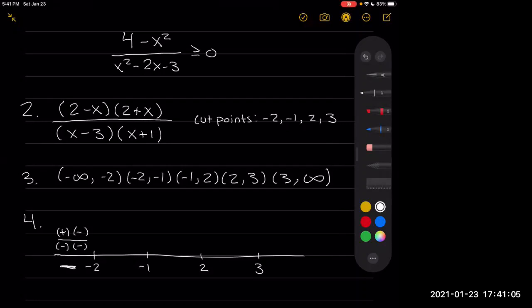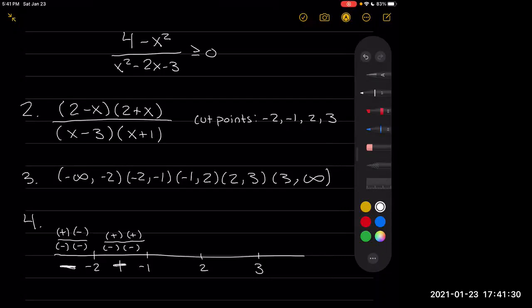Then in between -2 and -1, we can do something like -1.5, and we will see that we get positive, positive over negative and a negative. So that means since we have two negatives, those will cancel and make a positive.